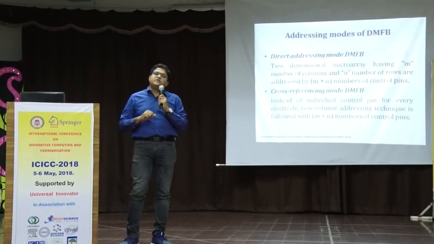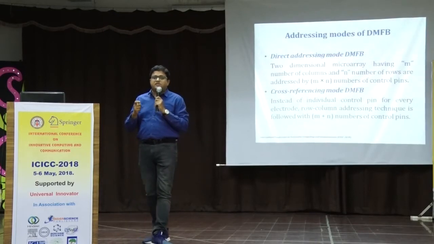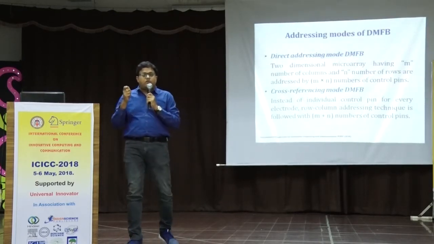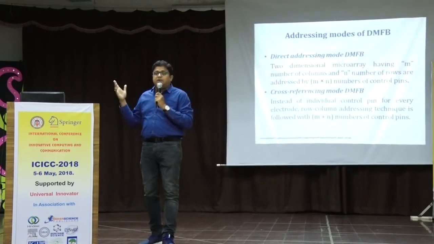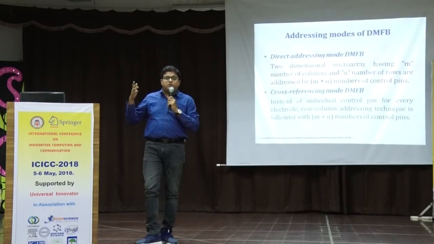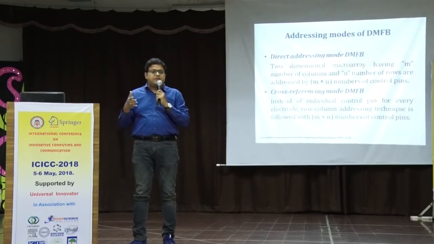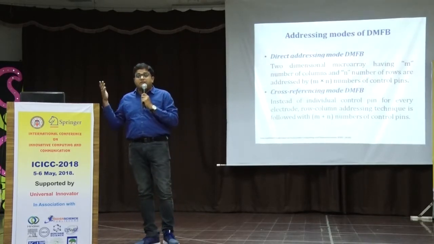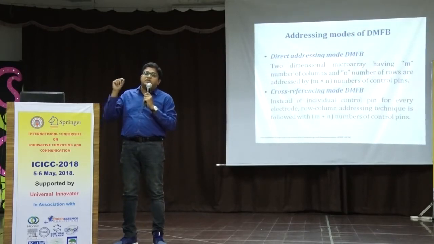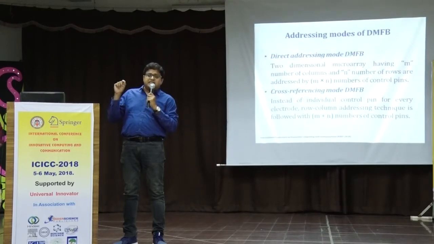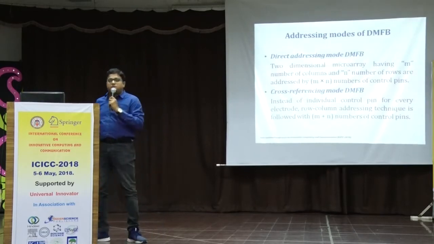One is the direct addressing mode, which is the simple one but complex, because in the direct addressing mode, we need to attach a control pin with each of these microarray cells. So think about a chip of size, say maybe 24 cross 24, meaning 24 cells in every row and 24 cells in every column, 36 cross 36. Sometimes it goes to 48 cross 48. So a huge number of pins is required for this direct addressing mode. Though it's an easy one, considering the size of the chip, it is quite difficult to fabricate that many pins over there.